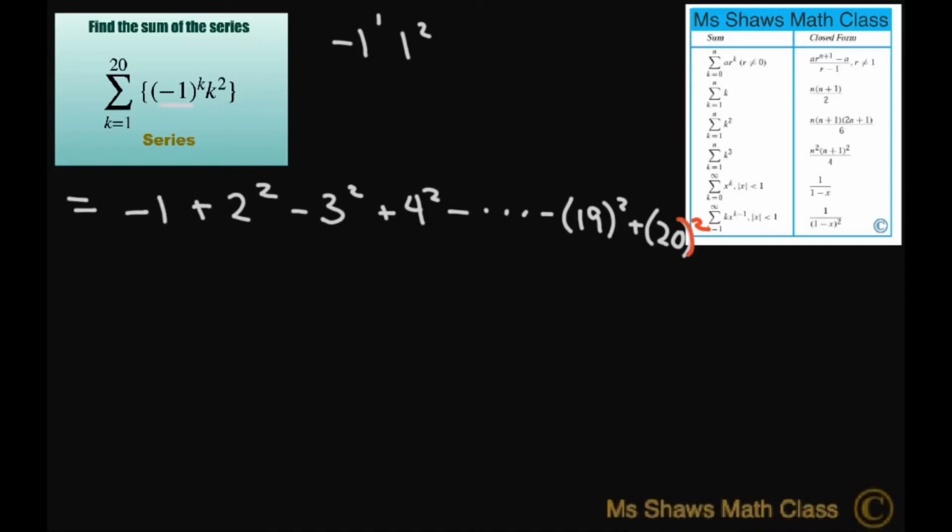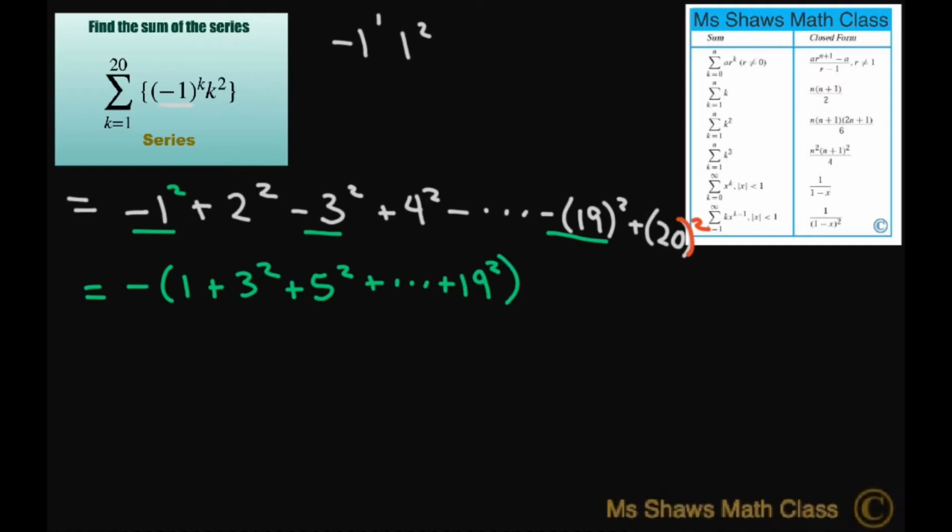All right, now let's split this up. So I'm going to take my negative numbers. My negative numbers are all these odd numbers, and factor out a negative. So I can split this up as negative, 1 squared plus 3 squared plus 5 squared plus, dot, dot, dot, plus 19 squared.